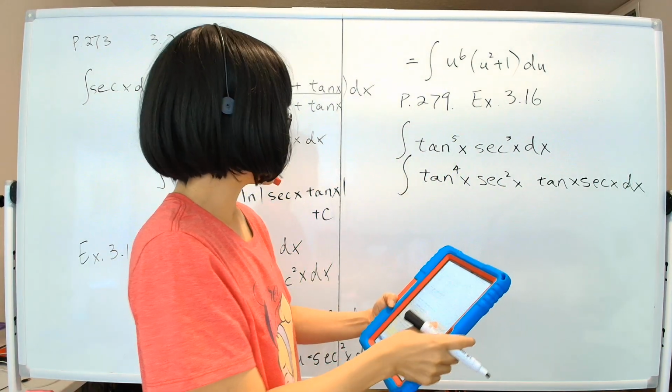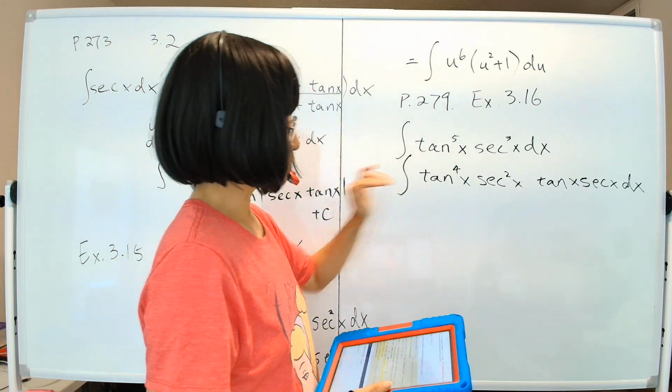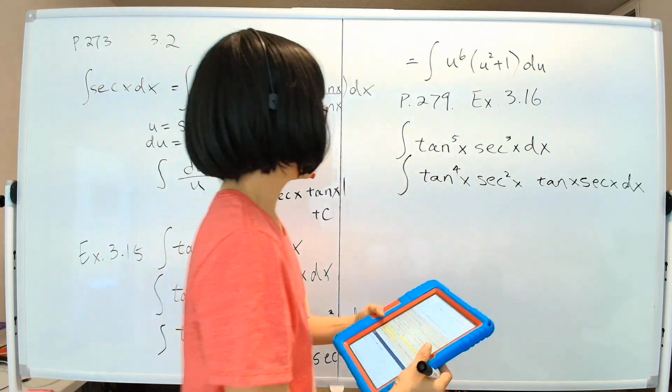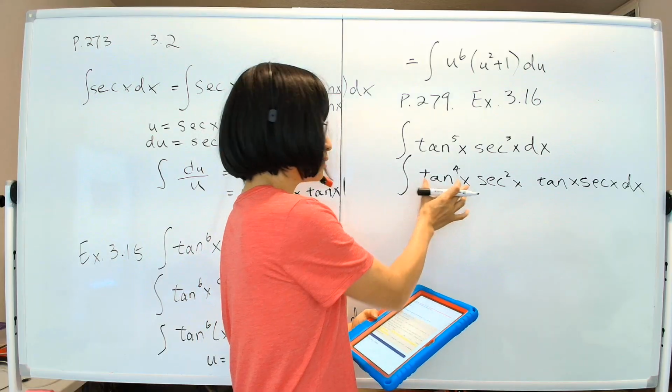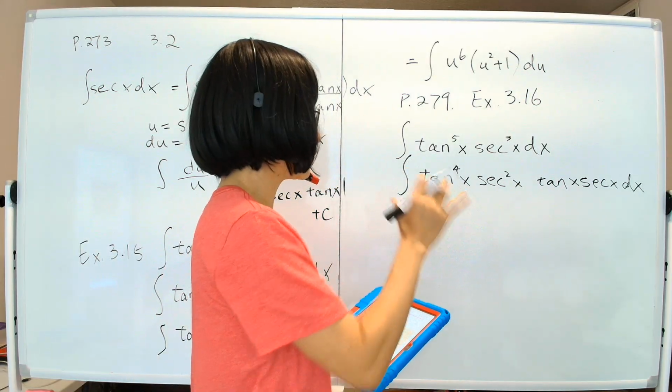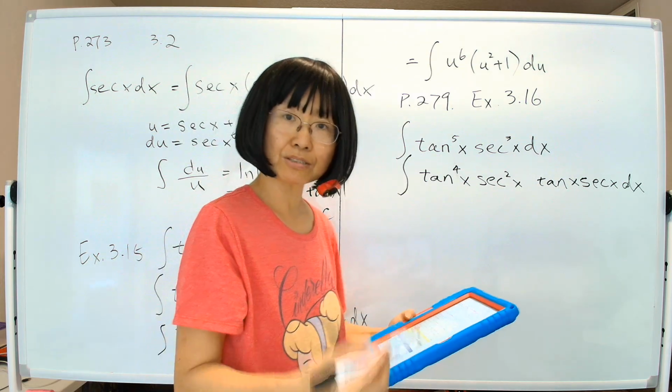We're just rewriting it so that there's a secant tangent at the end, because the derivative of the secant is secant tangent. The next step is to get rid of tangent by plugging secant in with the formula that tangent squared equals secant squared minus 1.